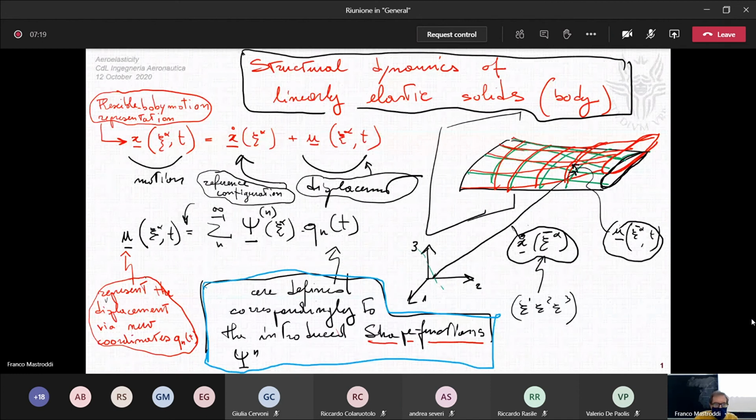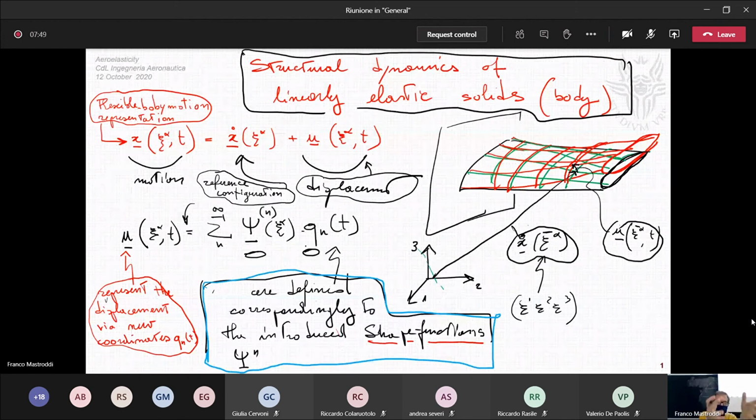A focal point of our presentation is the approach of the approximated solution, or the representation of the solution in a set of new coordinates. The new coordinates are the Lagrangian coordinates qn. Note that we introduced a couple of objects, the shape functions and these new coordinates.